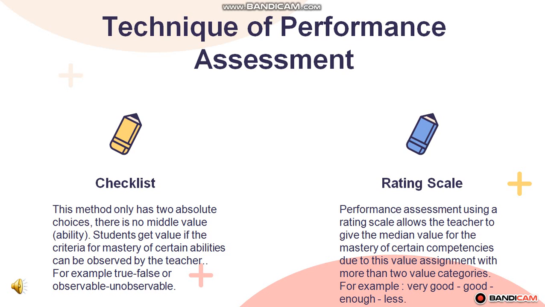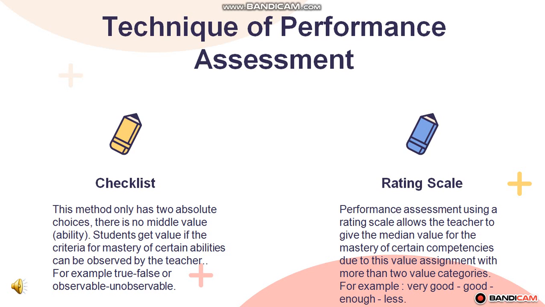Then, the technique of performance assessment consists of two types: checklist and rating scale. The checklist method only has two absolute choices. There is no middle value or ability. Students get a value if the criteria of mastery of certain abilities can be observed by the teacher, for example, true, false, and observable, unobservable.